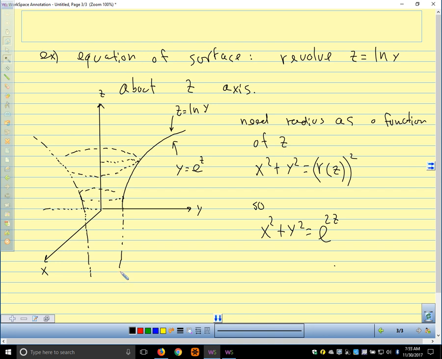Something interesting about this surface is it has a finite volume, but an infinite surface area. So if you have a finite volume, the top just continues on. Yeah.